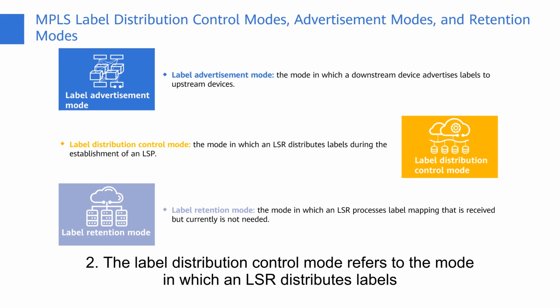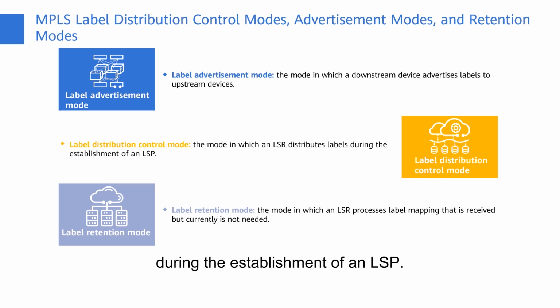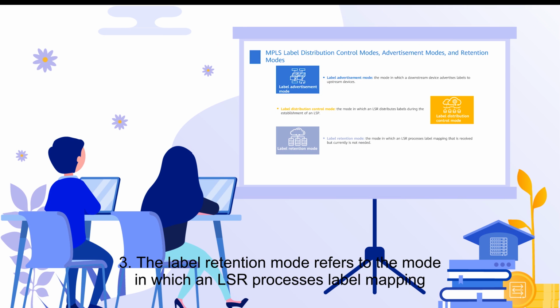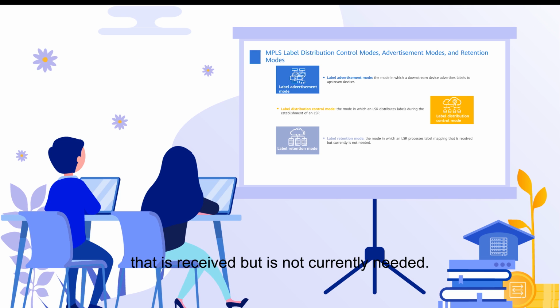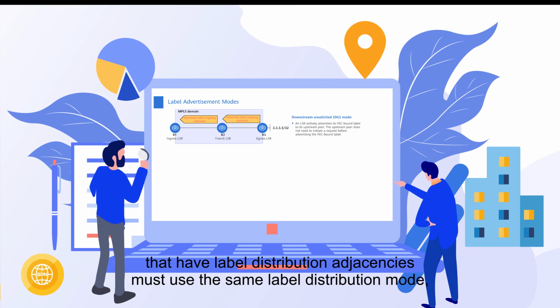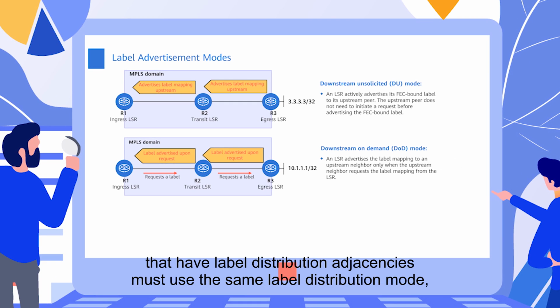The label distribution control mode refers to the mode in which an LSR distributes labels during the establishment of an LSP. The label retention mode refers to the mode in which an LSR processes label mappings that are received but are not currently needed.